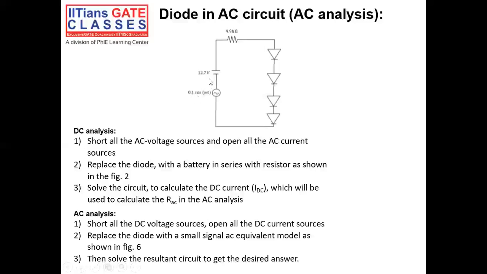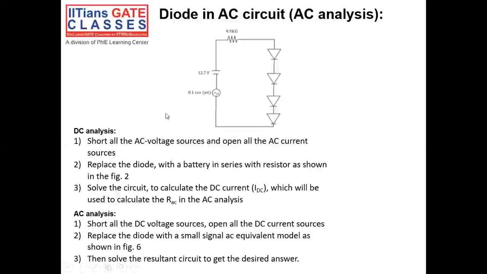So we use the DC power supply to turn the diodes on, and on top of that we apply the AC signal. I'll repeat again: diode in AC circuit is not just an AC power supply, it is actually DC plus AC. DC will be used to turn the diodes on, and AC will be applied on top of that.